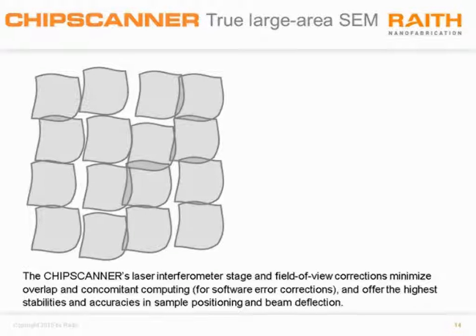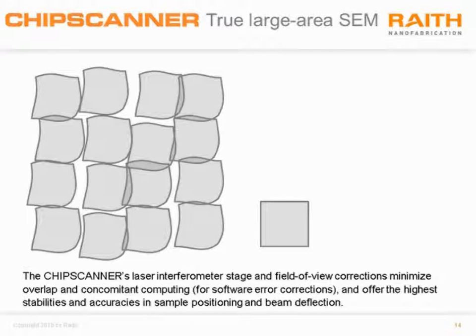So, with the chip scanner, we have a calibrated field of view. The laser interferometer stage is used to calibrate the field of view, measuring and mapping out all of the distortions.